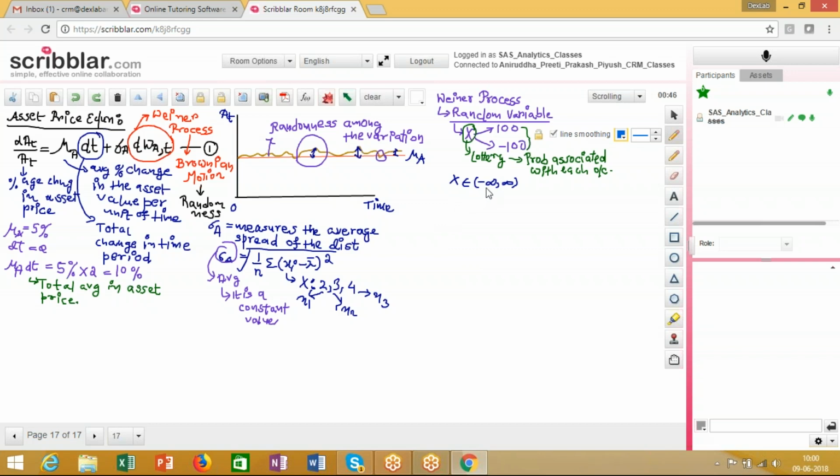And with each of these outcomes, there would be a probability associated with it. You'll always have a probability that the variable in a particular trial will generate one outcome. Say today it generates just one outcome, tomorrow it generates another outcome. So what does this random variable represent in this asset equation?